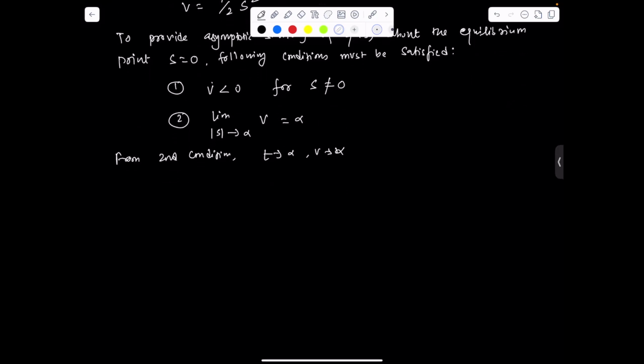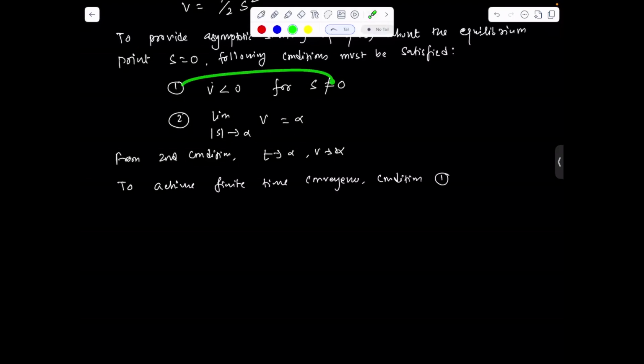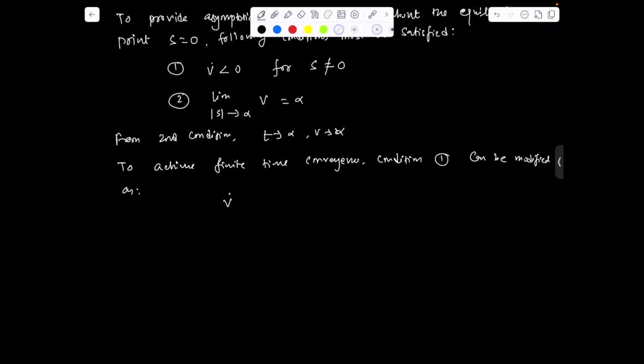This is the first, this is the second condition you're getting, and to achieve finite time convergence, condition 1, which is this condition, can be modified as V dot less than or equal to minus lambda V to the half, where lambda is greater than 0.